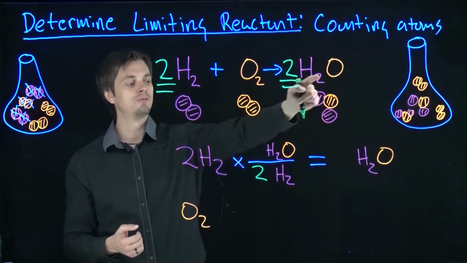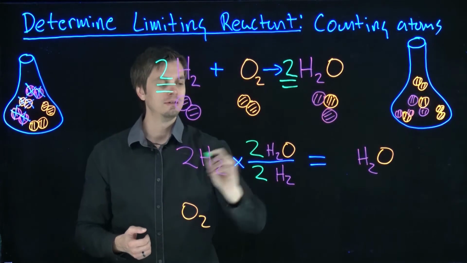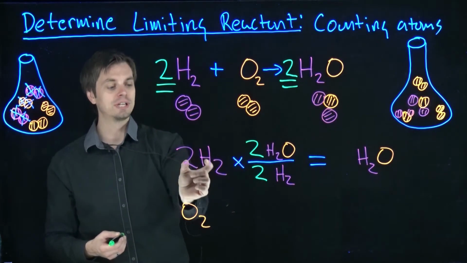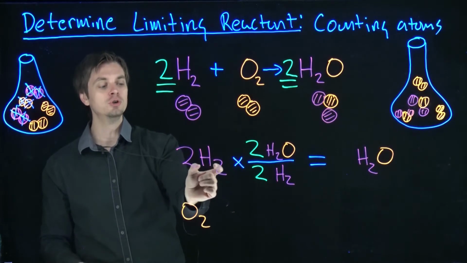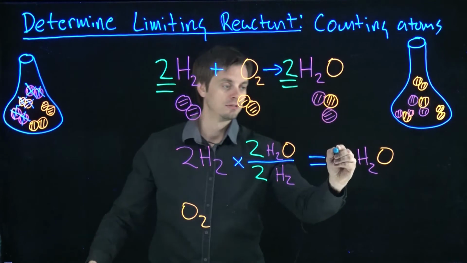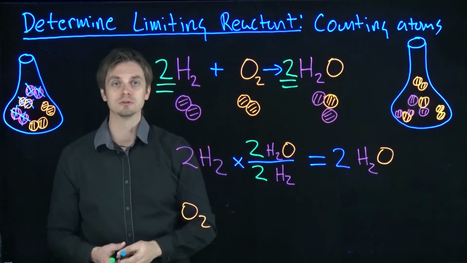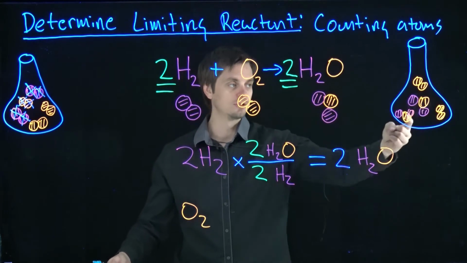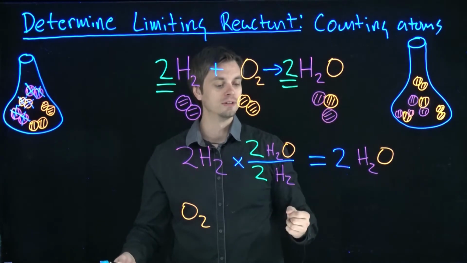The stoichiometric coefficient for H2O is again 2, effectively giving us a 1-to-1 ratio. And so taking our initial amount of 2 H2 molecules, multiplying by 1, gives us 2 water molecules, which, if you look at our reaction flask over here, we've got a total of 2 water molecules floating around in there.